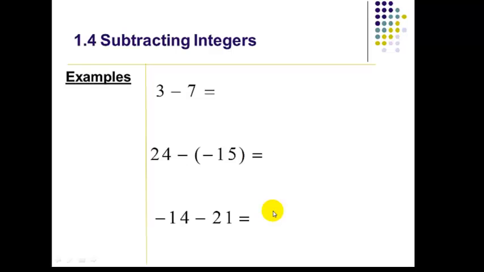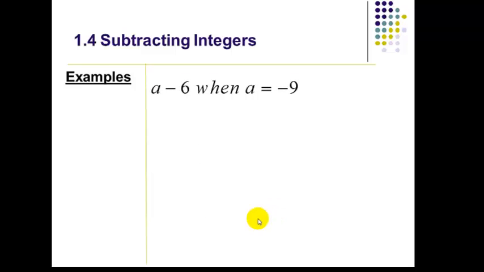The next thing that we're going to do is evaluating. Remember that we are plugging in negative 9 every time we see A. So we're going to write negative 9 because there's an A to start with. As Mrs. D says, let's give that negative 9 a big hug. Negative 9 minus 6.